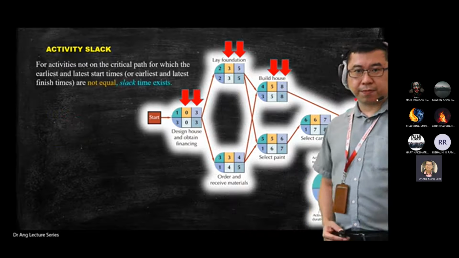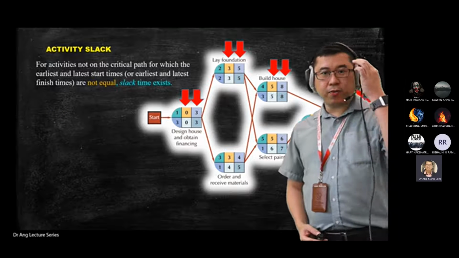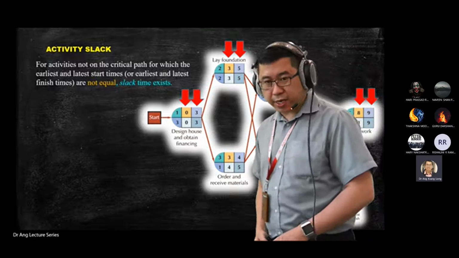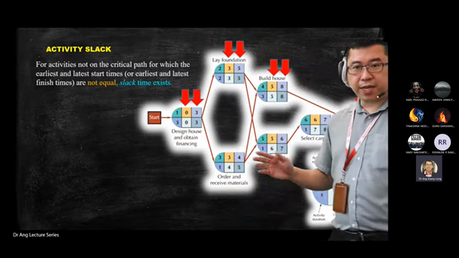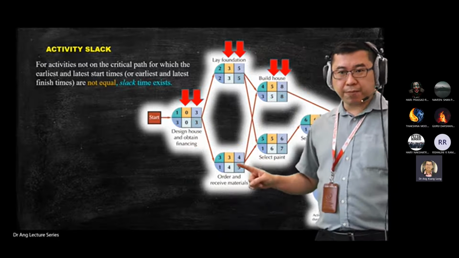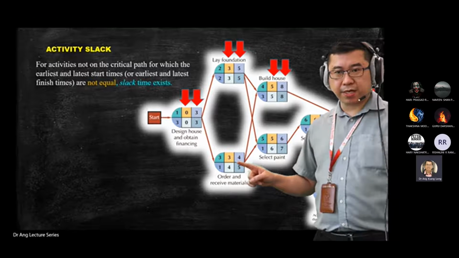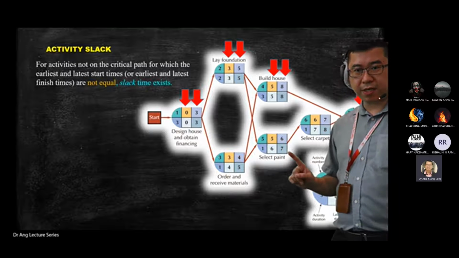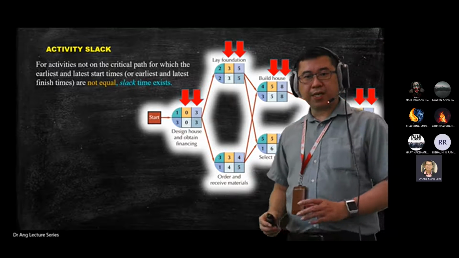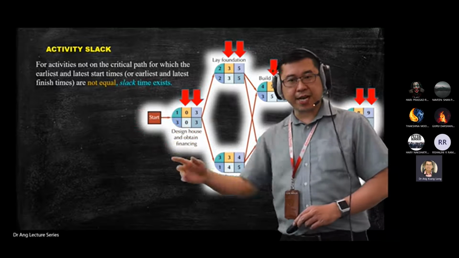Okay. So one new term that we learned today is activity slack. All right. If these two numbers are not the same, this one and this one, this one and this one, it means you have a slack time.